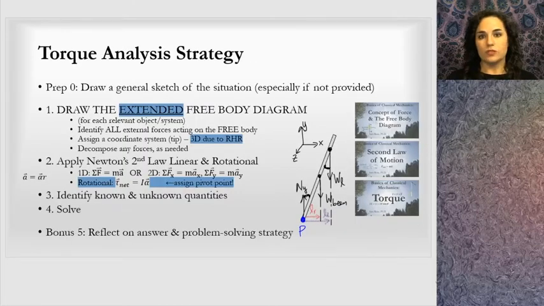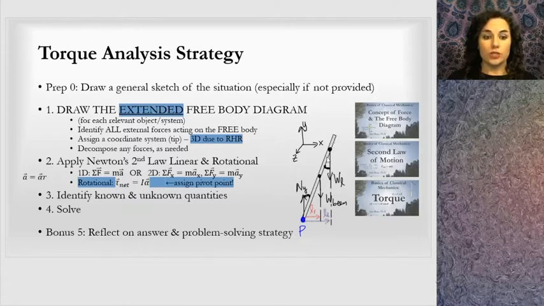As we move towards problem solving with Newton's second law in rotational motion, we will need a strategy for how to apply the concepts consistently in order to have equations develop in order to solve. So, always draw a general sketch. Once you get your general sketch drawn, draw an extended free body diagram. You're used to drawing free body diagrams.